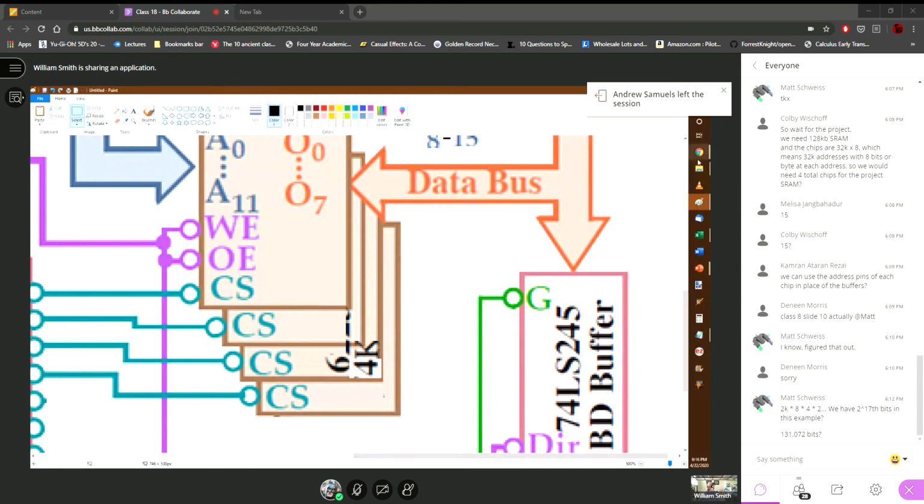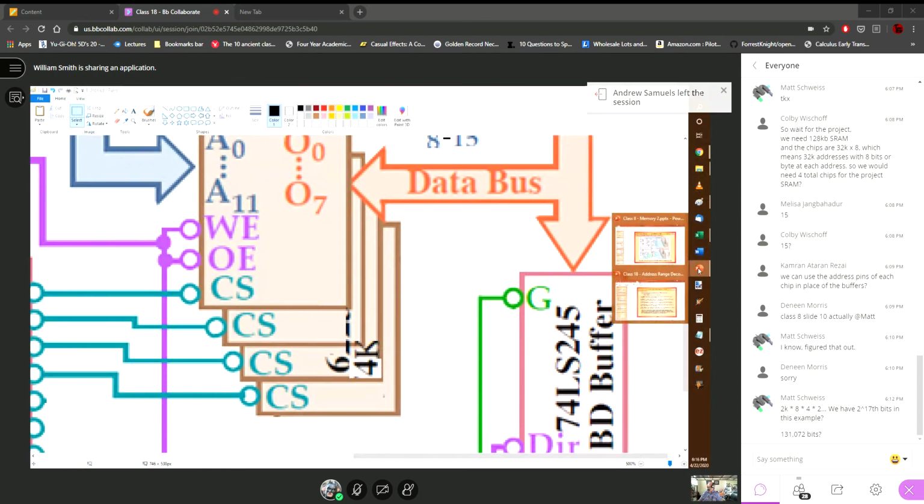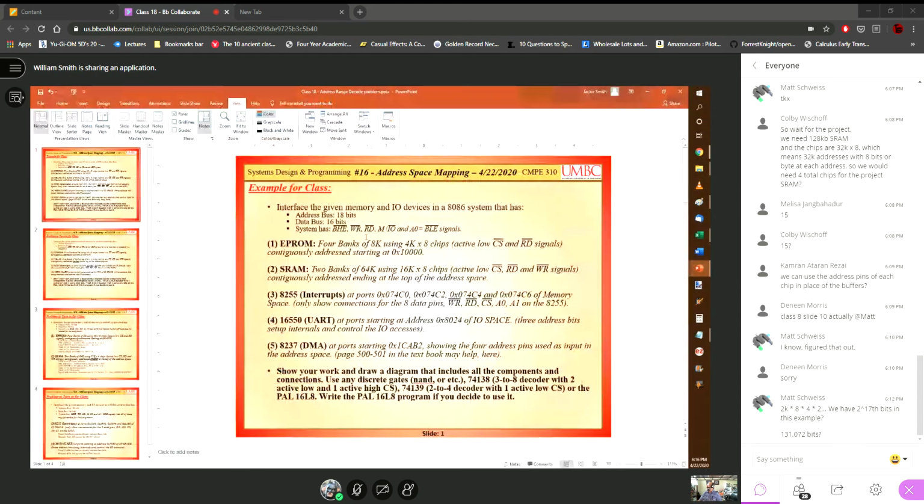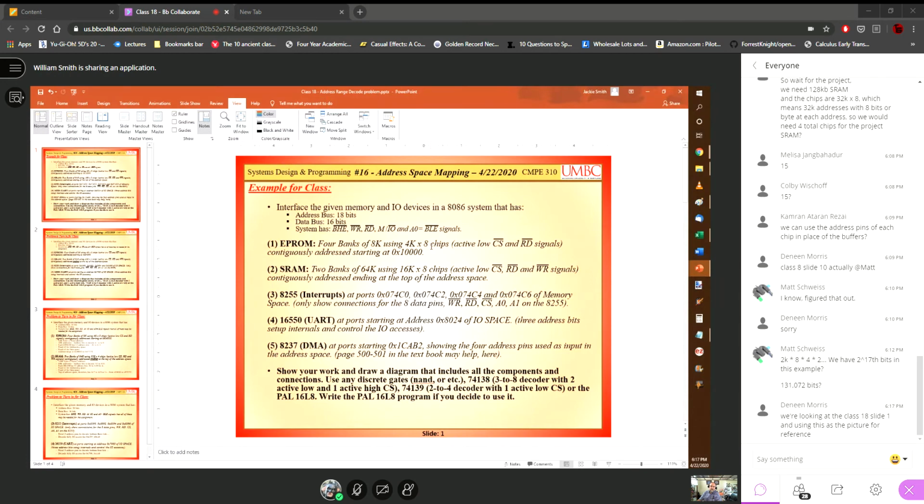So the problem said that we're doing 4K by 8 chips, right? See that here? The original problem was to do 4K by 8 chips, memory chips. Class 18 slide 1, and using this as the picture for reference.